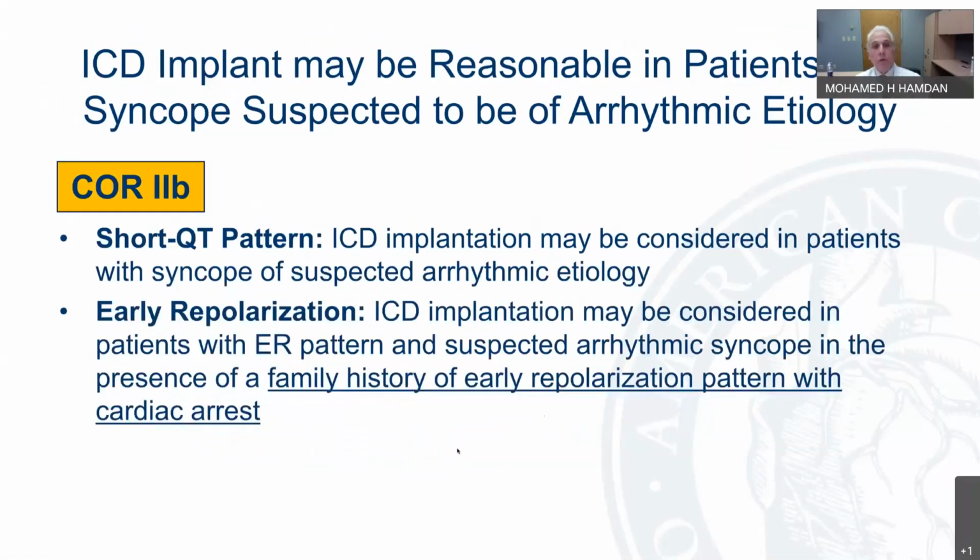In patients with short QT pattern or early repolarization, it's a 2B indication. And it's important to note that with patients presenting with early repolarization, not only does the history have to sound cardiac, but patients must have a family history of early repolarization pattern with cardiac arrest before you consider putting an ICD in these patients. Otherwise, you're going to be putting a lot of ICDs, knowing how prevalent early repolarization pattern is in the general population.